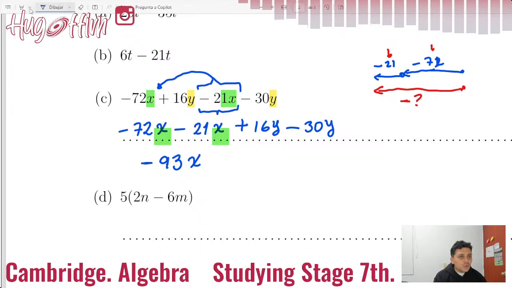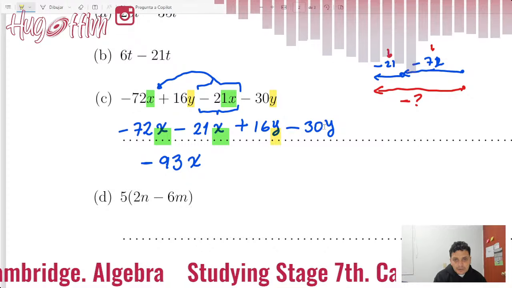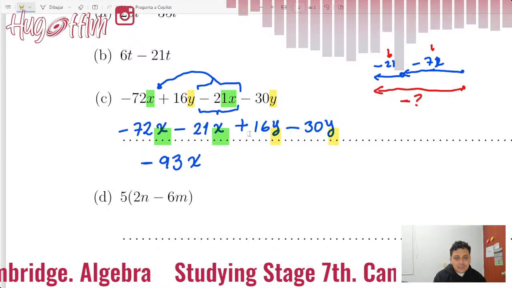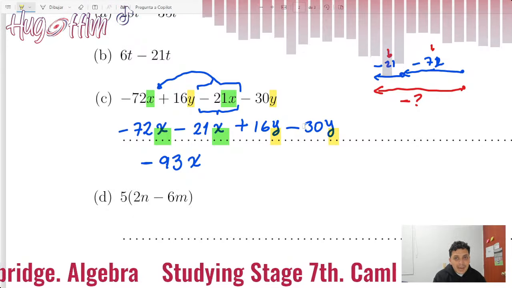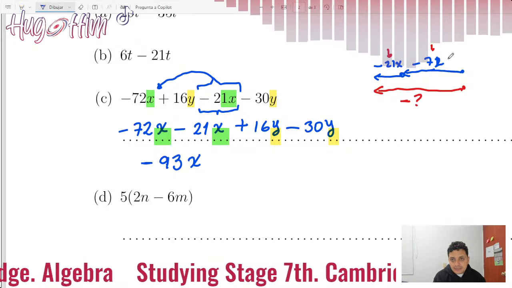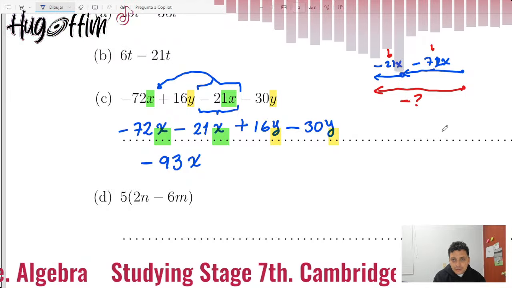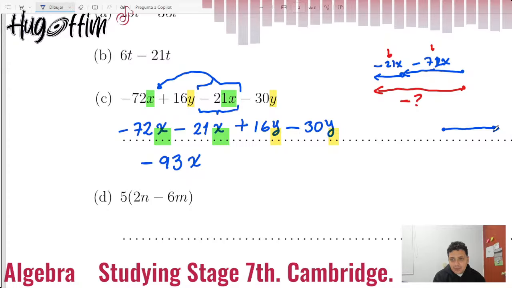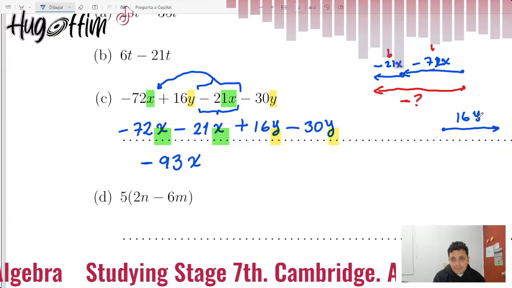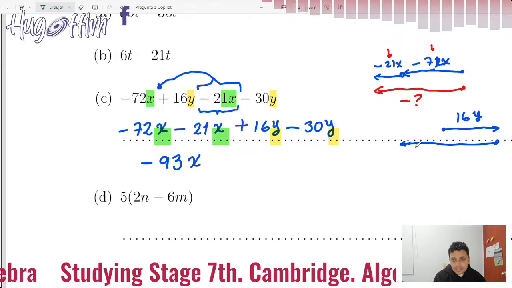And now I'm going to add the terms that have a y. So I'm going to add y and y. So I need to add 16y minus 30y. Actually, I forgot to put that this is y, right? So 16y minus 30y. Something like this.